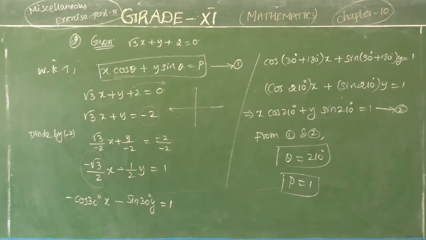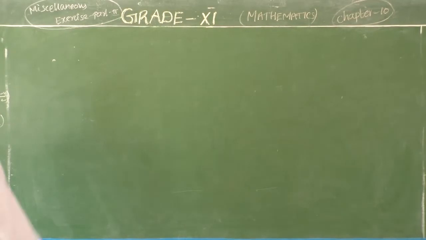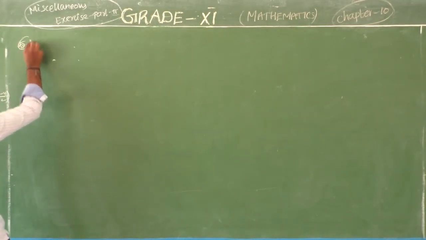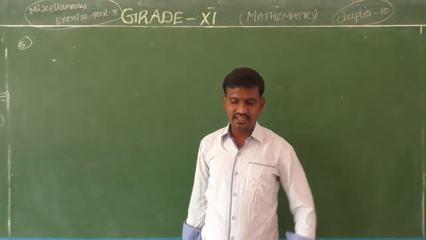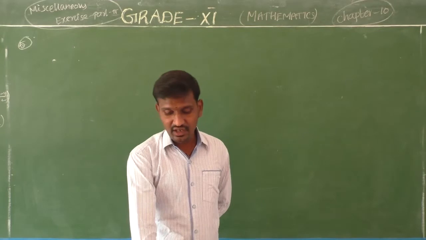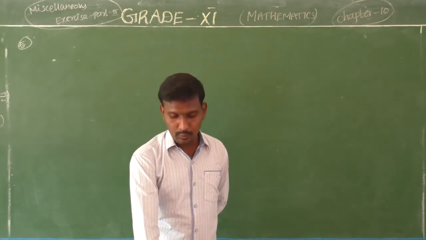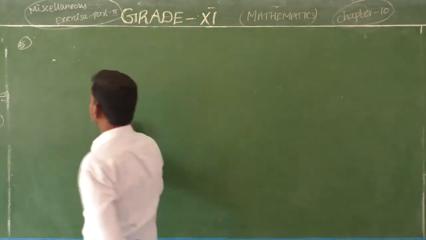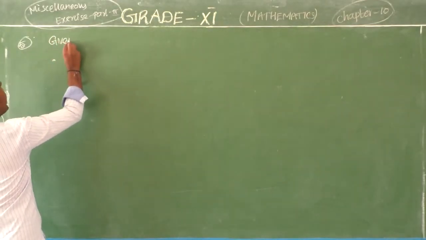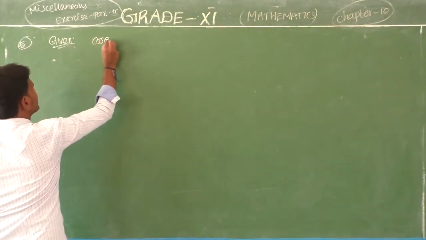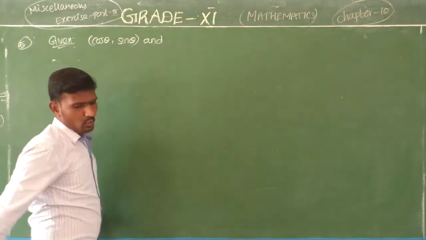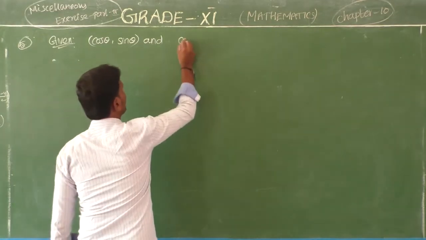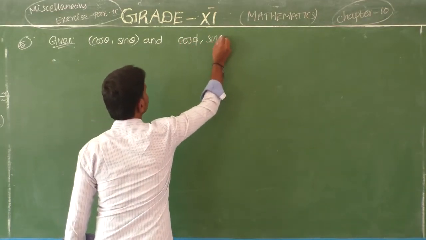The next question is question number 5 in the exercise. I am reading the question, listen. Find the perpendicular distance from the origin of the line joining the two points cos theta, sin theta and cos phi, sin phi.